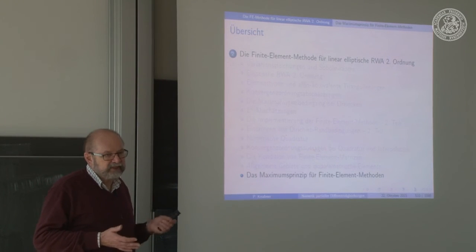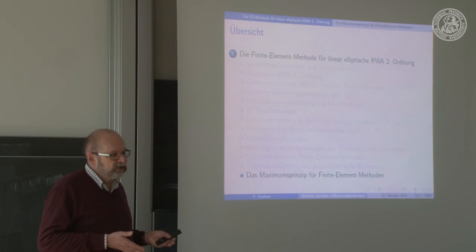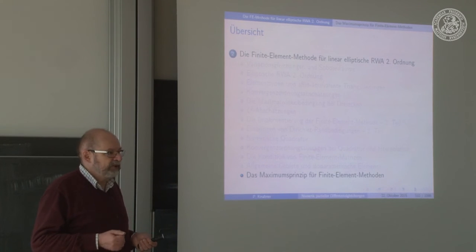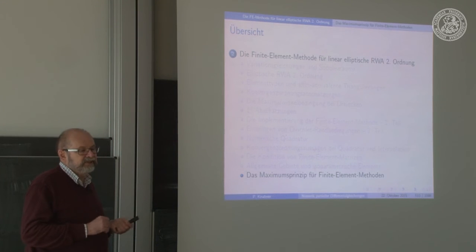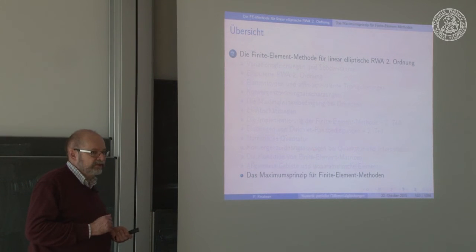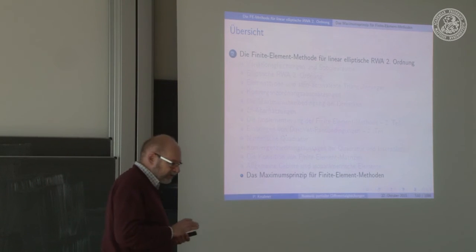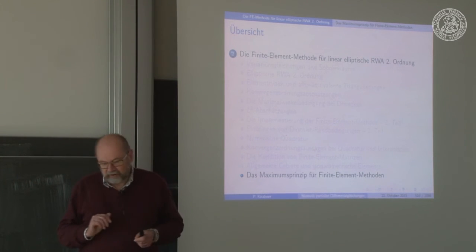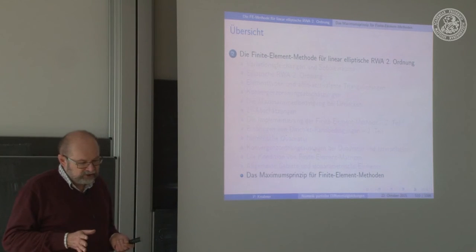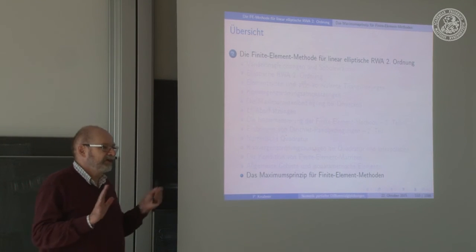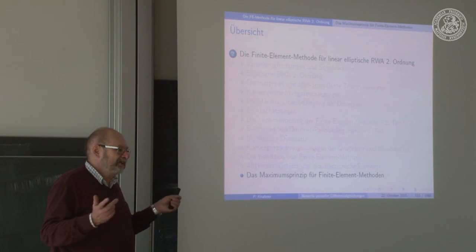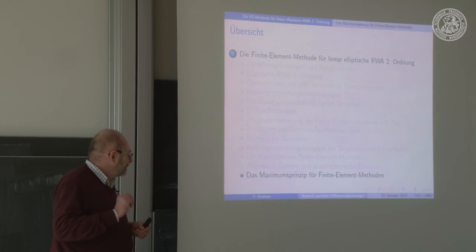As we have seen already in the L2 norm, we would expect not h but h squared for the linear ansatz for triangles. The optimal estimate in the L-infinity norm would also be h squared. There are some tricky things, whether this holds or not. Sometimes an L-infinity estimate is disturbed by a logarithmic term, which you can hardly see numerically, but theoretically it makes a difference. But this is not the point here.